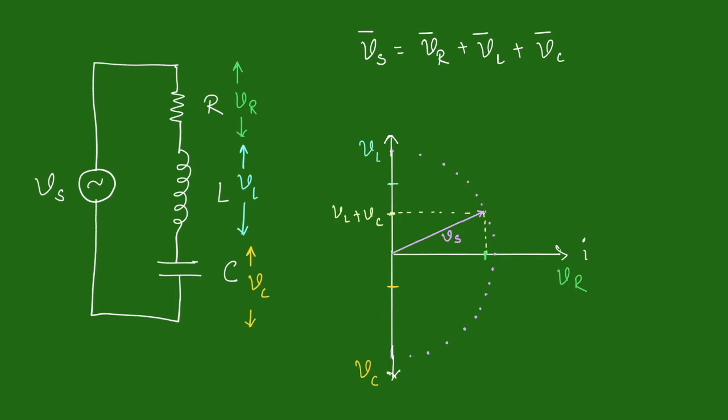So the resultant magnitude of VL plus VC plus VR is going to remain the same, and that vector Vs will move along the semicircle having radius Vs. As we go on increasing the applied signal frequency beyond FR, VL plus VC will go on increasing. This will decrease VR because Vs has to move along this semicircle only.